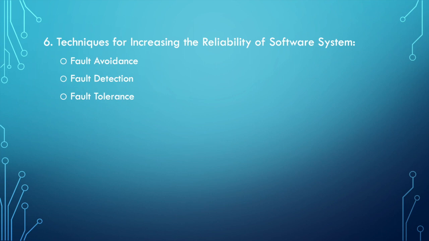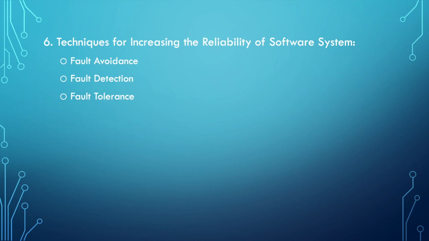So I would say fault avoidance may be good, but the software will grow very big as you try to anticipate faults that could happen, and you build your software to avoid having that kind of error.